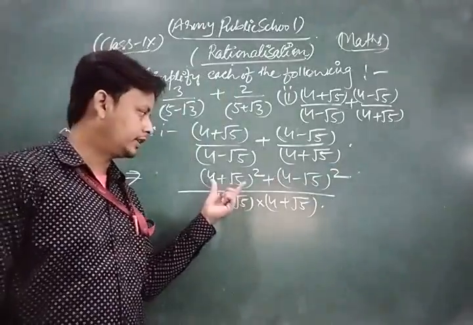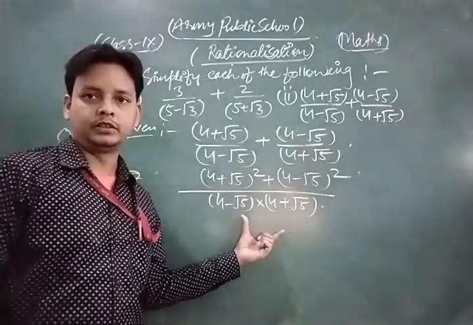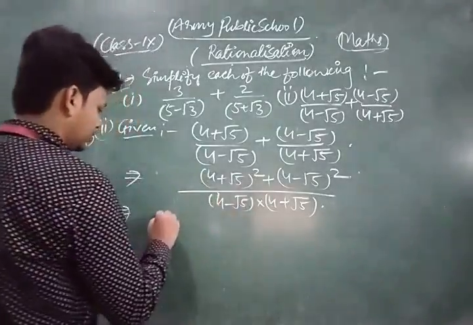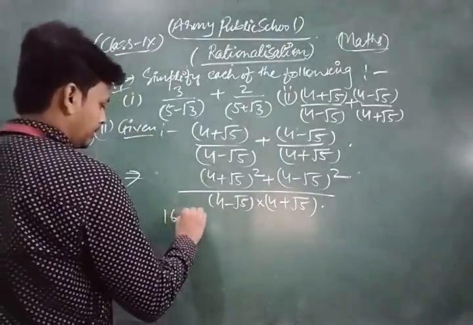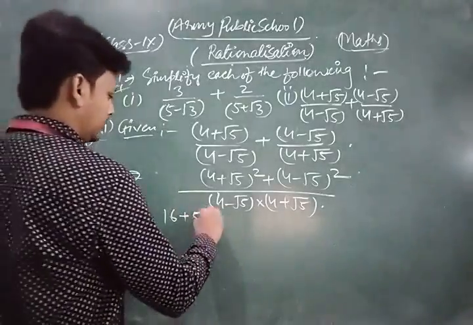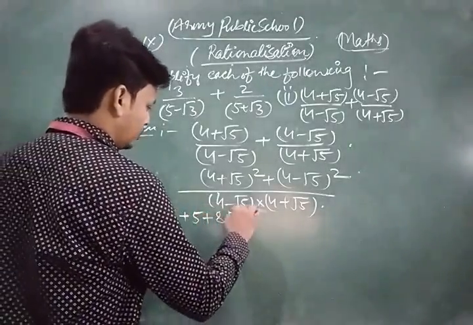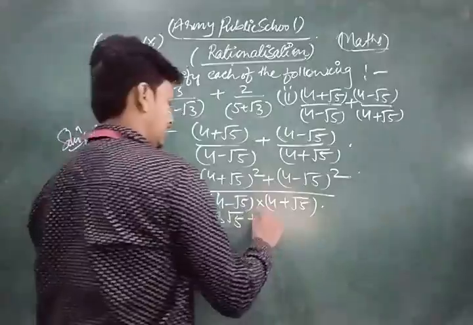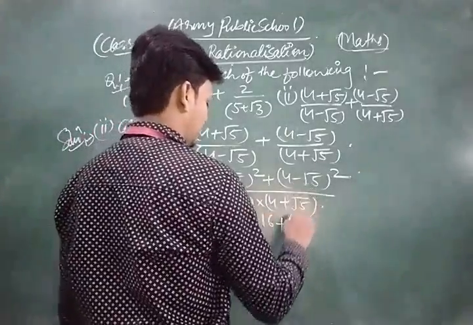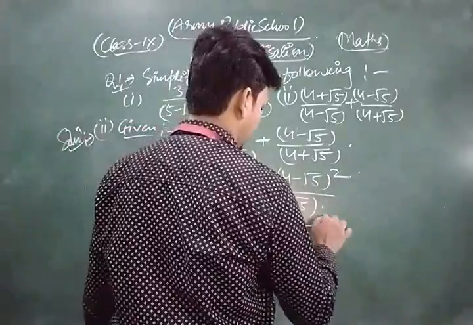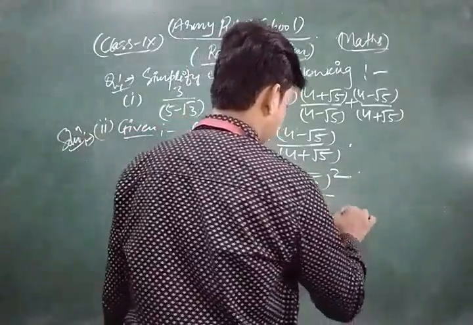Now we simplify the numerator and the denominator. Okay, look. So we apply the formula a plus b whole square. So a square 16 plus b square, which is 5, plus 2ab, 2 4 is 8 under root 5. Okay, plus a square plus b square minus 2ab, 8 under root 5.